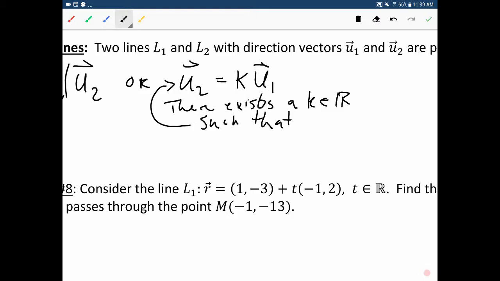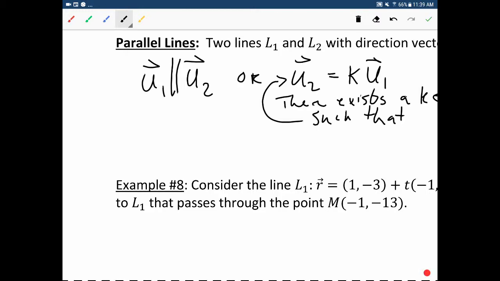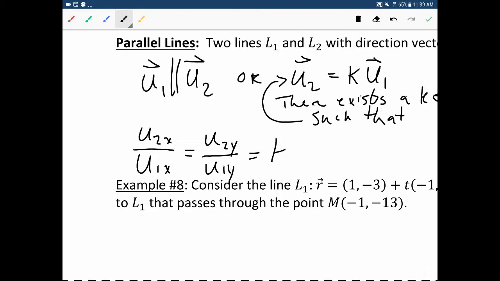It just means they're going in the same direction. Another way that's sometimes useful is to take the x component of the second vector and divide it by the x component of the first, and that will equal the same thing with the y components. That will also equal k, the same k as before.